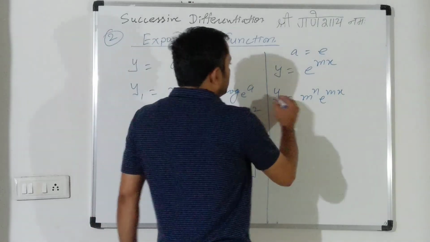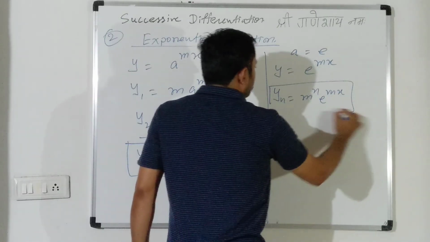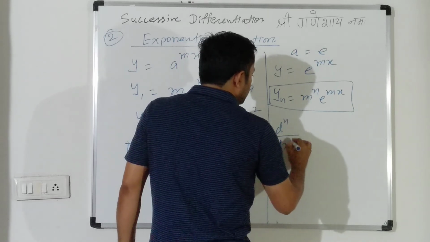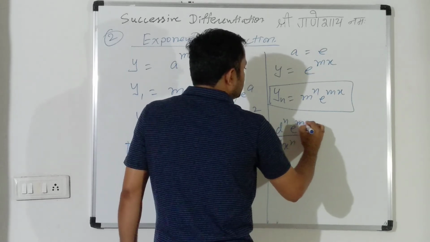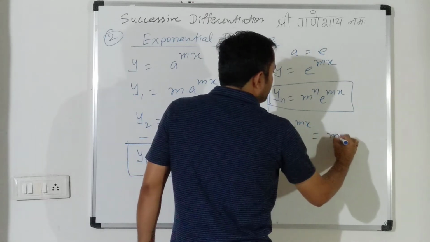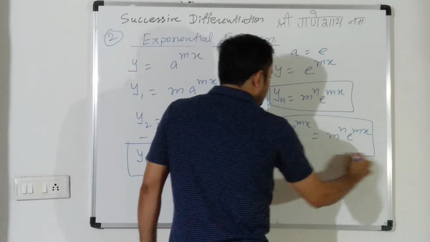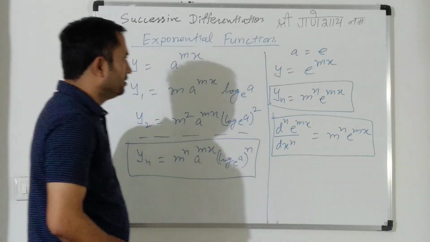So this will be your answer: d^n upon dx^n of e to the power mx is m to the power n e to the power mx. This you get as the answer.